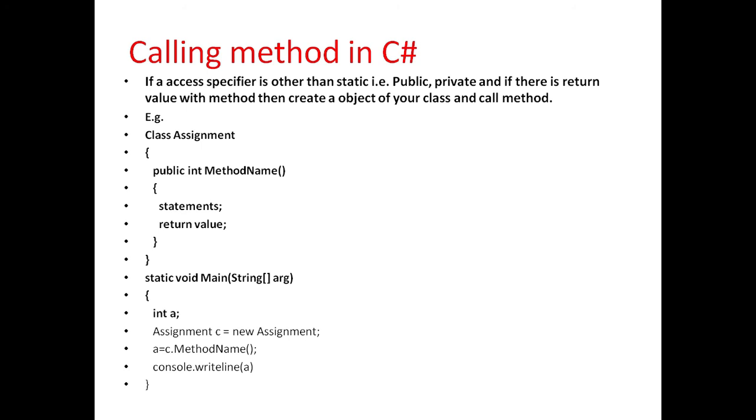To execute this, I have declared a variable a, created the object of class assignment as c, and the value returned by a method is stored in a and then it is printed with writeLine method. Or you can directly writeLine method, you can directly write c.method name.